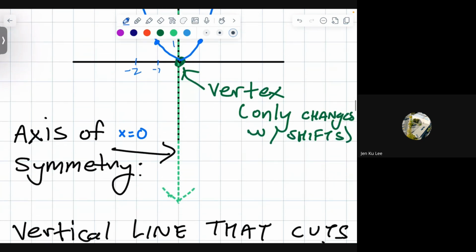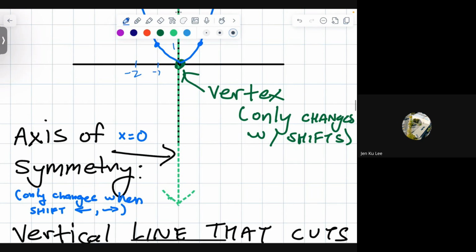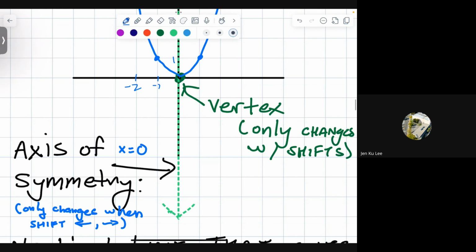And the only thing that changes this is when you shift left or right. The vertex only changes with shifts: up, down, left, right.